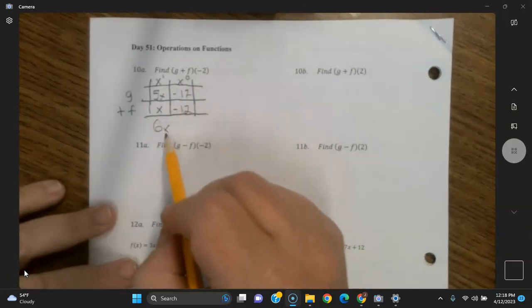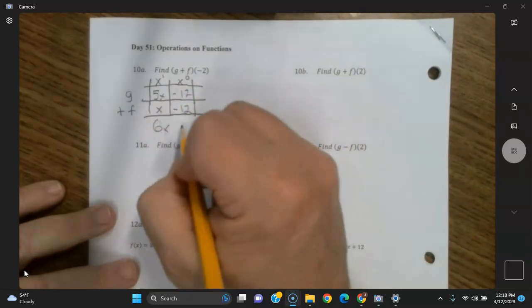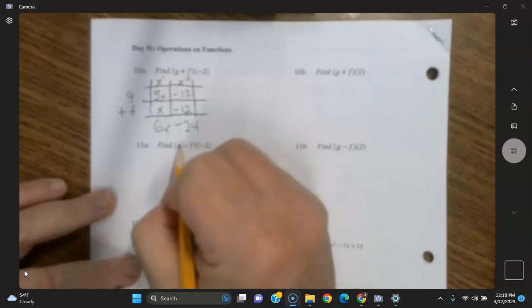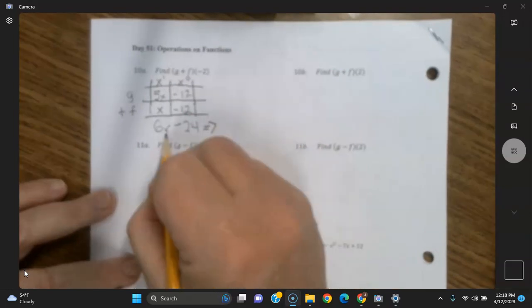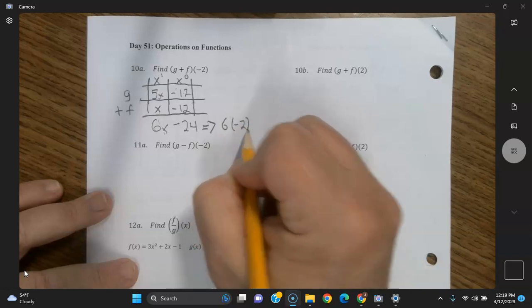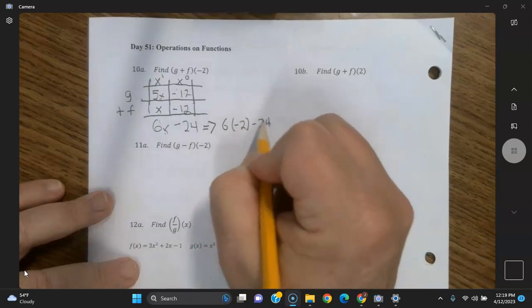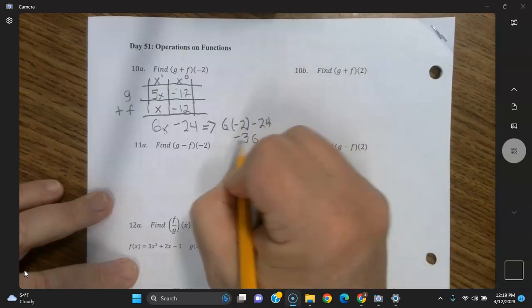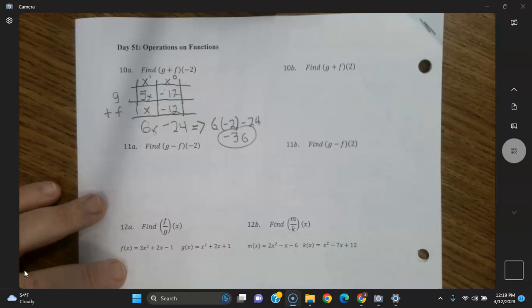So 5x plus x is 6x. Negative 12 plus negative 12 is negative 24. Okay, and now we're simply going to come over here and plug in the negative 2 there. So 6 times negative 2 minus 24. So that's negative 12 minus 24 is negative 36. Okay. All right, you do that one.